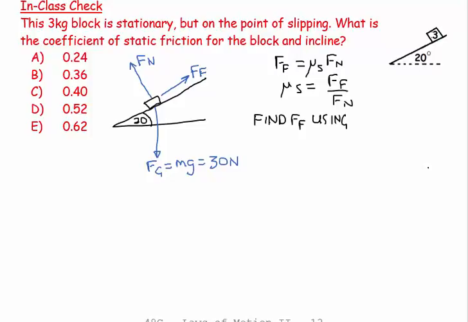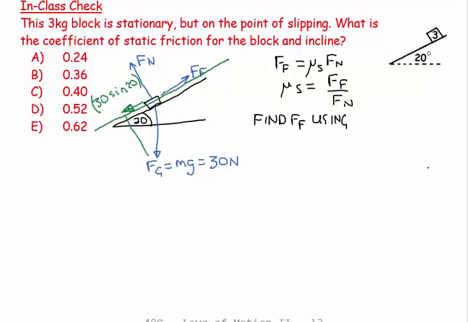So if I'm a little bit proactive and I choose to pick the axis along the slope, then Fn is not included. Ff is included, and of course there is a component of the weight, and I hope you get into the stage where you can simply say that this would be 30 sine 20 newtons.